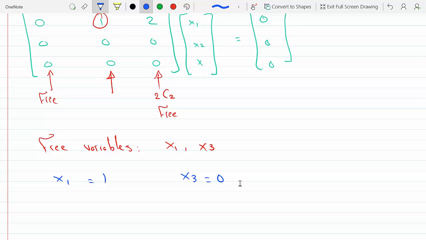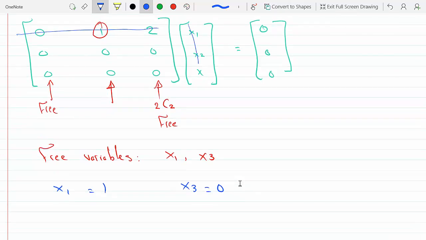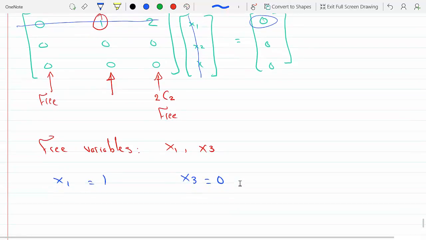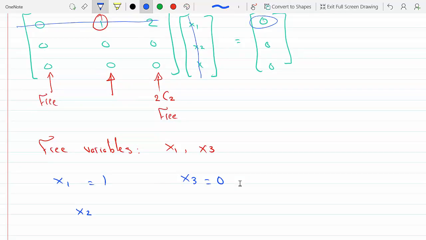My equation will be 0 times x1, I'm multiplying row times column, so 0 plus x2 plus 2x3 plus 0, because x3 is 0, equals 0. So that makes x2 equal 0.